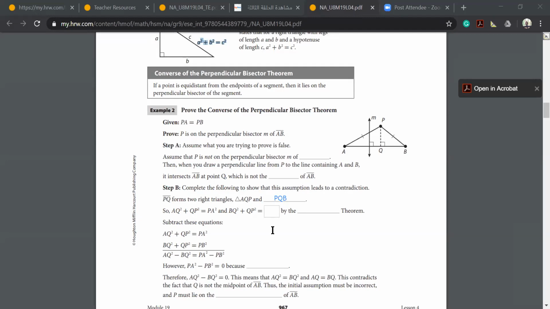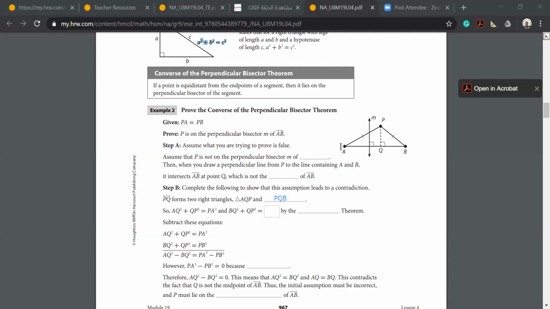Very well. So, using the Pythagorean theorem, for the first part, where is my hypotenuse? This is the 90 degree angle, so the hypotenuse will be AP, which is the same as PA.